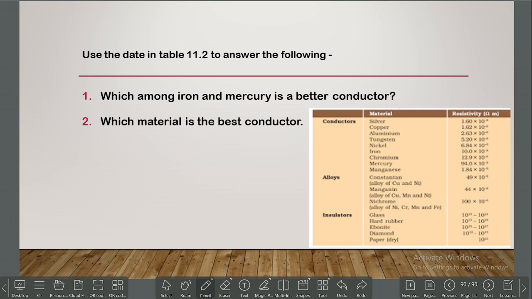Next, the last question: which among iron and mercury is a better conductor?